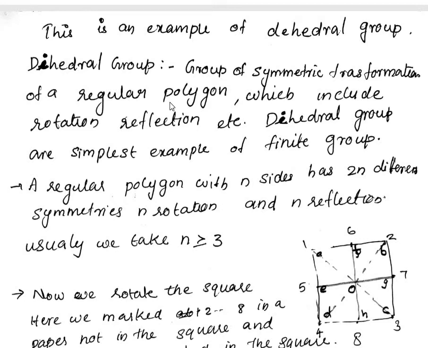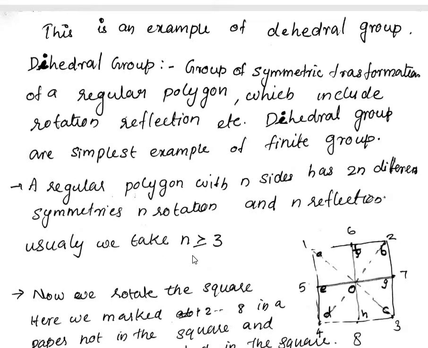Here we are discussing the group elements of a square. A regular polygon with n sides has 2n different symmetric operations: n rotation operations and n reflection operations, which we will discuss later.